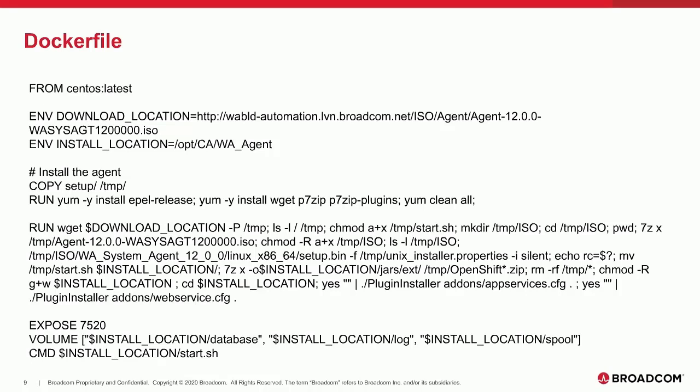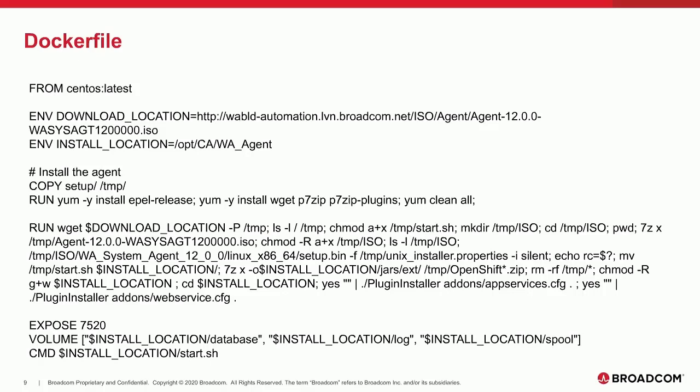The key thing is that the first part is just setting up some environment variables where the ISO image is located and the install location. There's a copy statement in there to copy some initial setup files and the response file, and there's the installation of certain utilities that are needed. The last run line that you see in there is a big, massive pipeline of run commands, and this is done to keep the layers small.